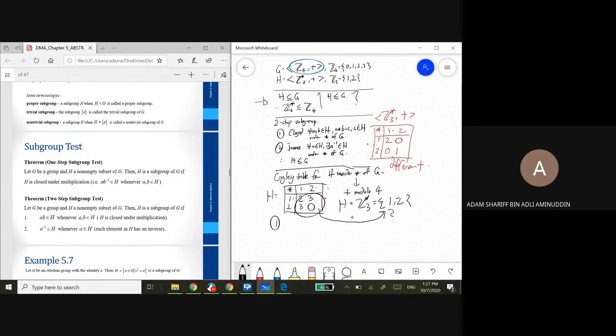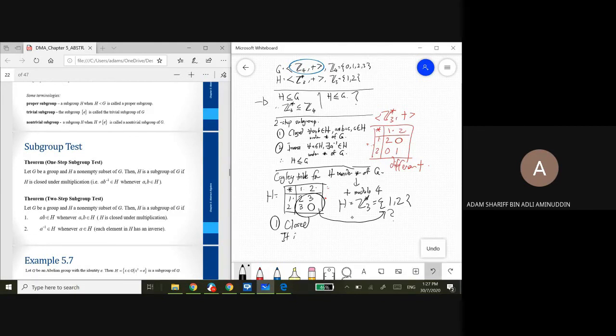2 tambah 4, 1, 1, 2, 2, 3, 4, 4, 3, okay. Alright, so 2, 3, kalau bahagian close ini, you can put a conclusion there. It is not closed.